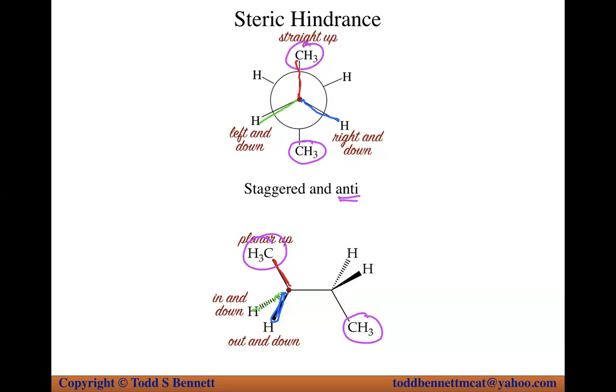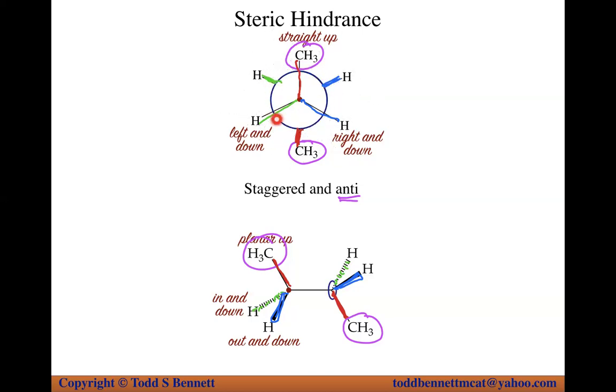The back carbon, I'll choose the same color scheme. Red for straight down, green for in back, blue for in front. So red straight down. The blue here is coming out, but on the back carbon, green is going into the plane, so it's going to appear on the left.